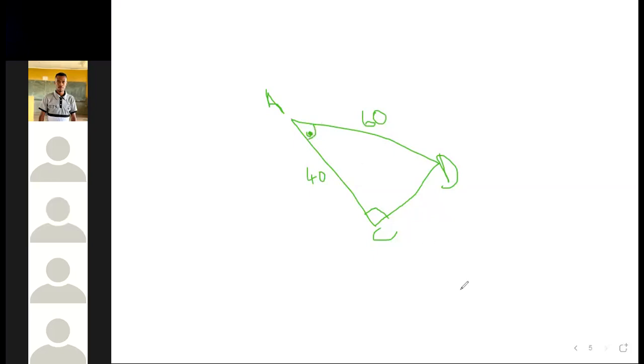Cos. Good. So I'm going to say cos. Why am I using cos? I'm given the adjacent and the hypotenuse. Very good.